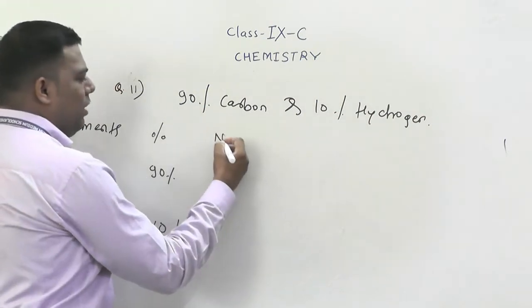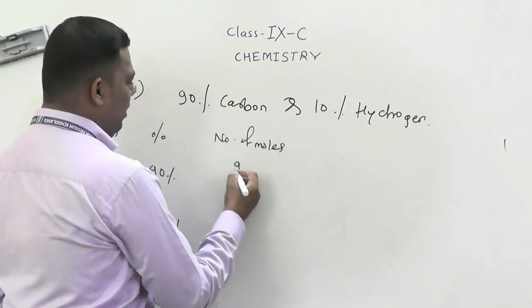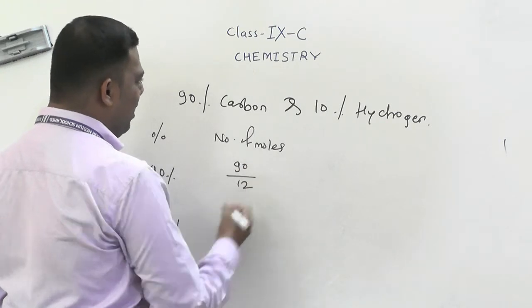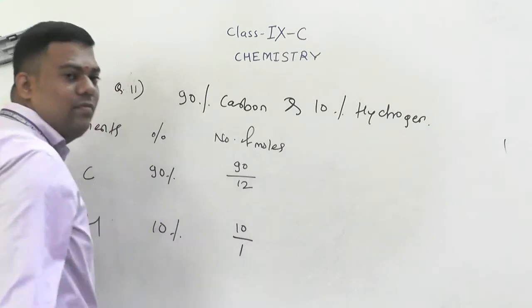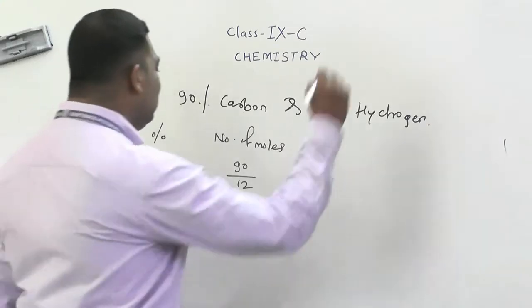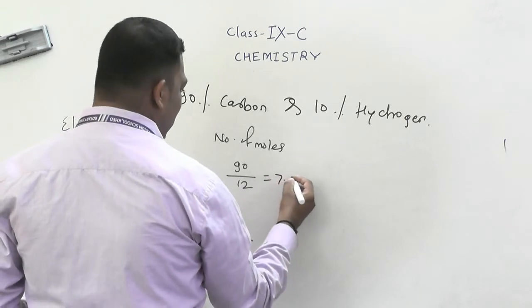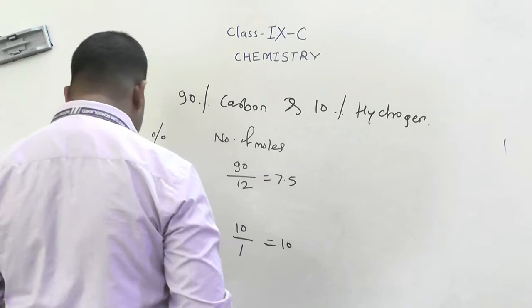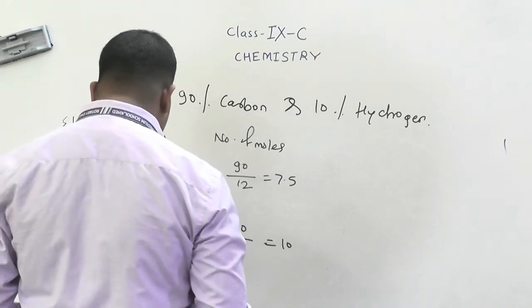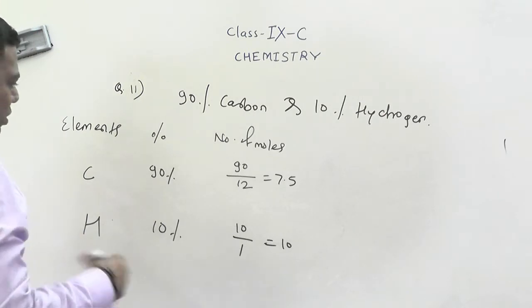Then you have to calculate the number of moles. Then 90 divided by 12 and here 10 divided by 1. So see here, 90 divided by 12, how much will we get? 7.5. And here 10 divided by 1 is equal to 10.